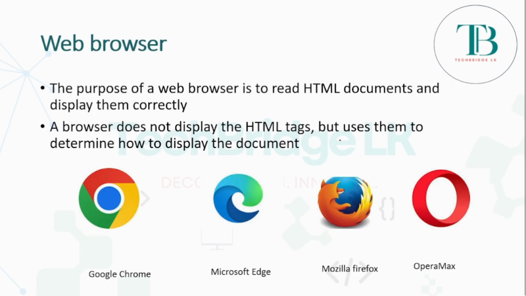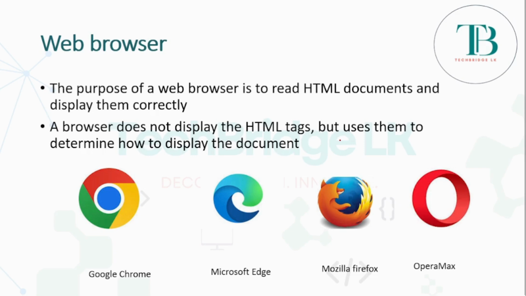The second application is a web browser. To read or view the output of the web page, we can use a web browser. The purpose of the web browser is to read the HTML document. So the elements that we have written in the HTML editor will be read by the web browser.